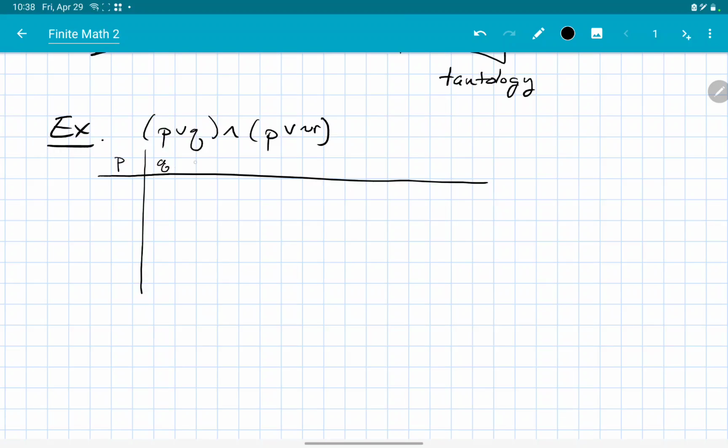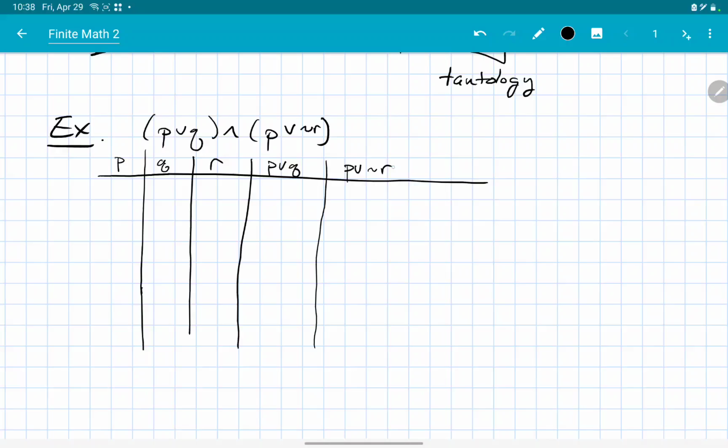P, Q, R, P or Q, P or not R, and then finally what we're looking for, P or Q and P or not R.